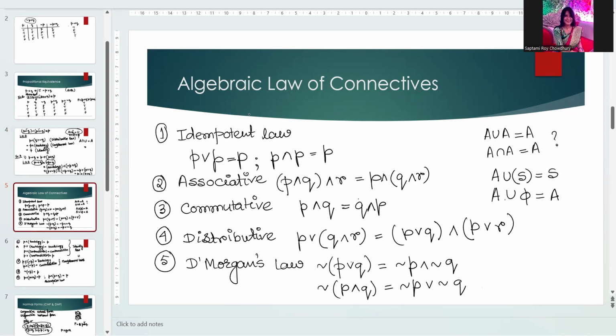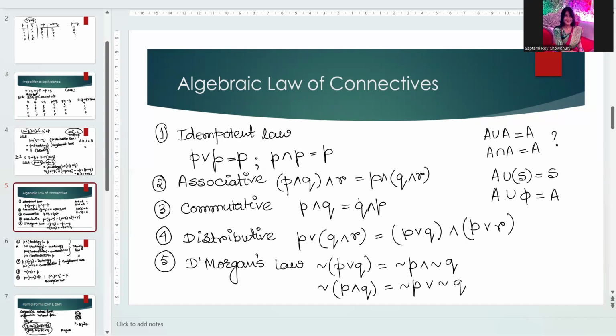Look at that. You already know these laws in sets. Here I will take the reference A union A equals A. Here U is the universal set. In propositional logic, we call it a tautology, and phi means the contradiction.